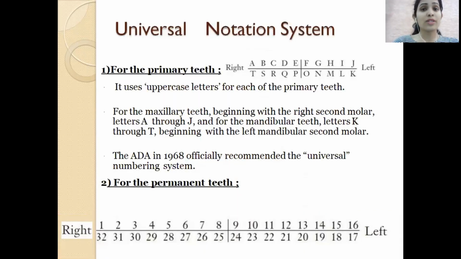So the first system which is being used for numbering is the universal notation system. If you have to denote the primary teeth, this system uses uppercase letters for each of the primary teeth.